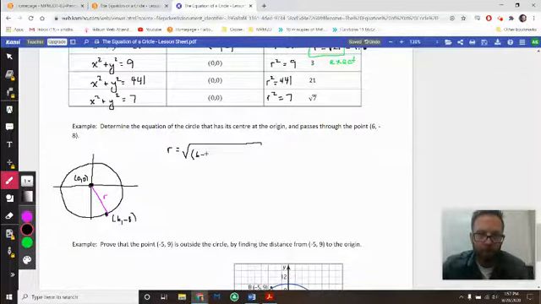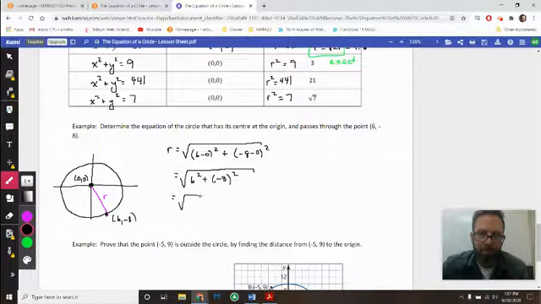Subtract the x's, 6 minus 0. Subtract the y's, negative 8 minus 0. Remember that when you square a negative number, you always get a positive. So we get 36 plus positive 64, and that equals the root of 100, which works out nicely to 10.